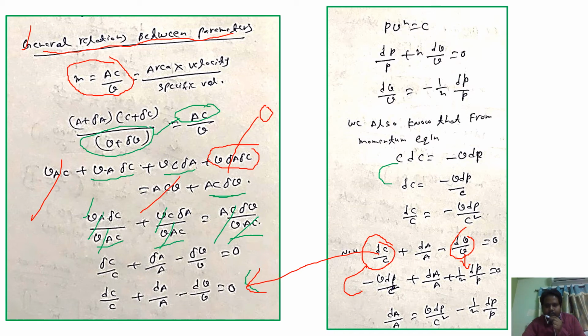Now this we can write as dA by A equals to V dP by C square minus 1 by n dP by P. The continuation we will see in the next slide.